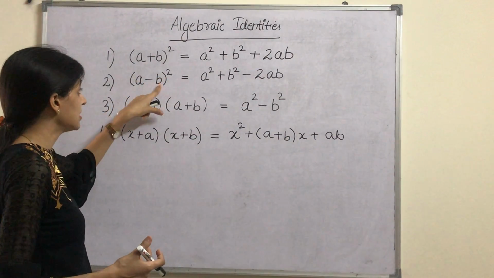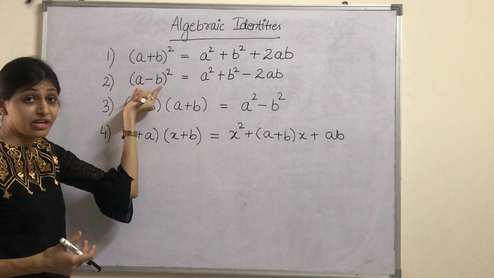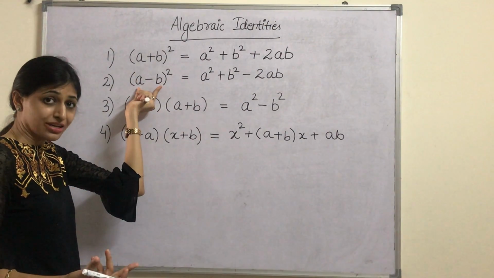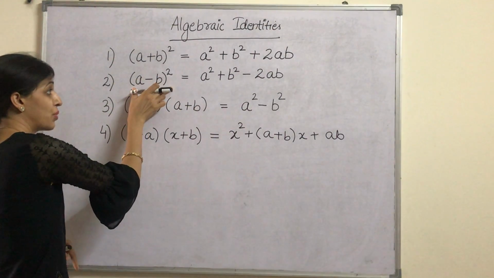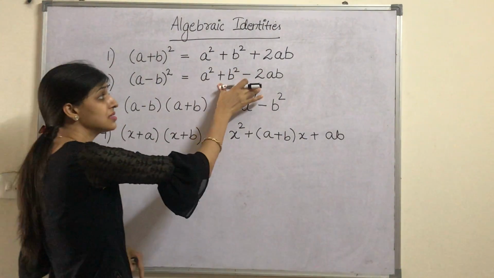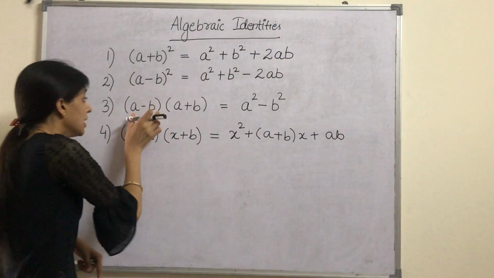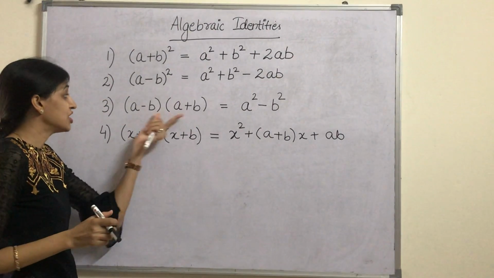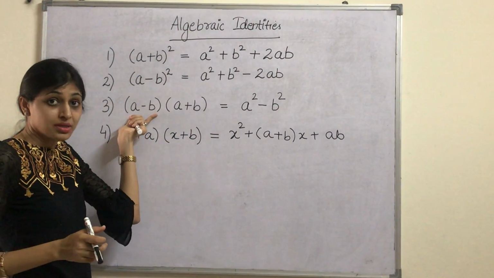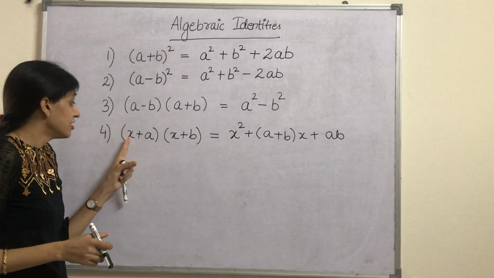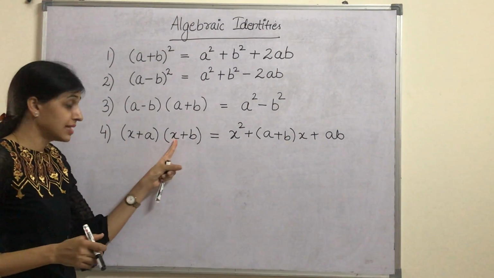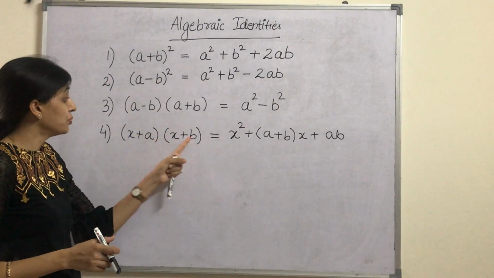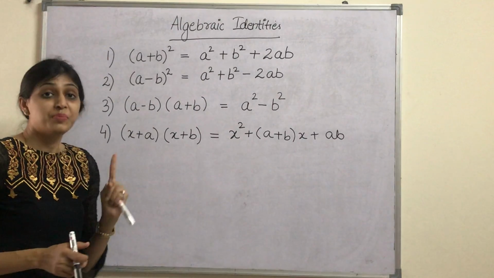Similarly, A minus B. This is also 2 different terms in subtraction, and then the whole square is done and the answer will be this. Third, 2 different terms in addition as well as in subtraction. Fourth, in this the first term remains the same and the second term will change in both the brackets.